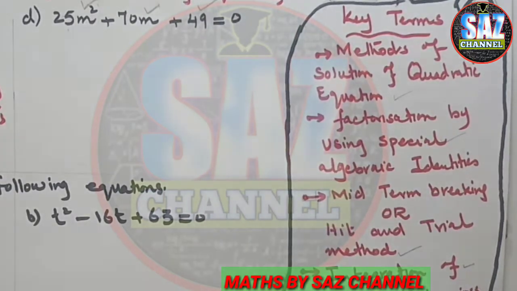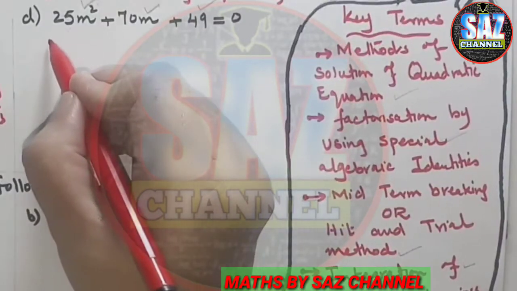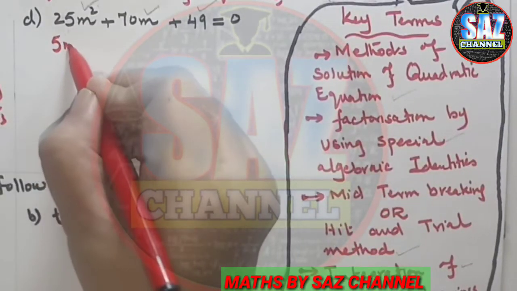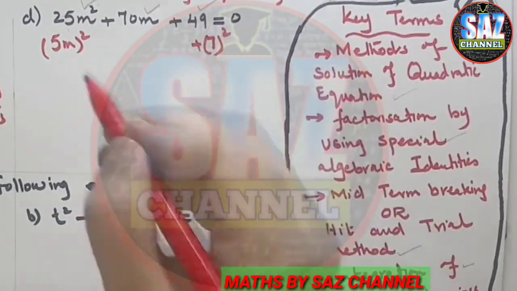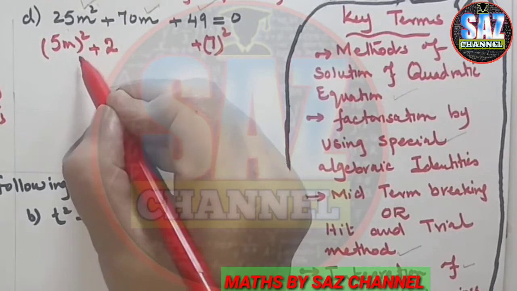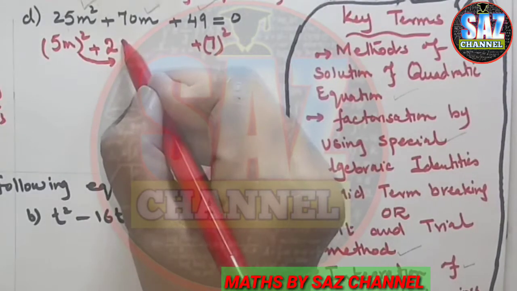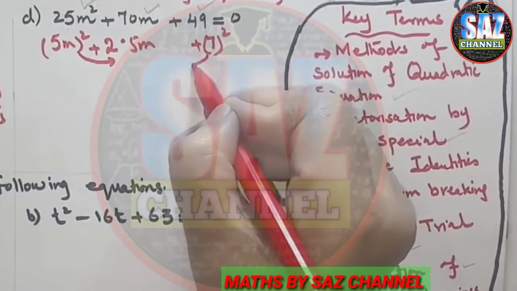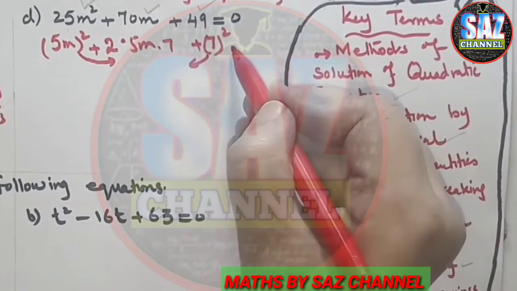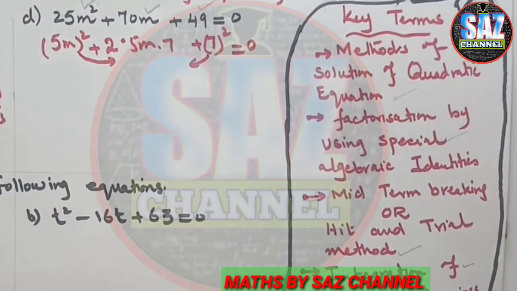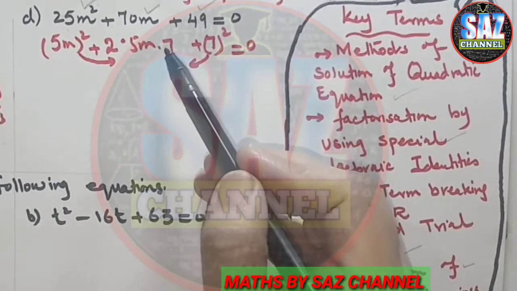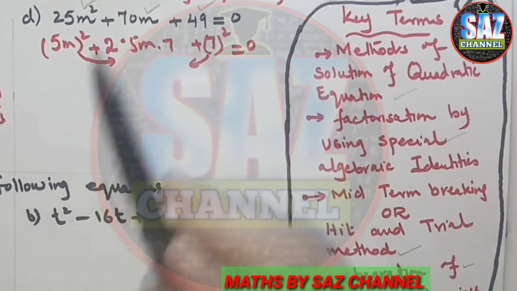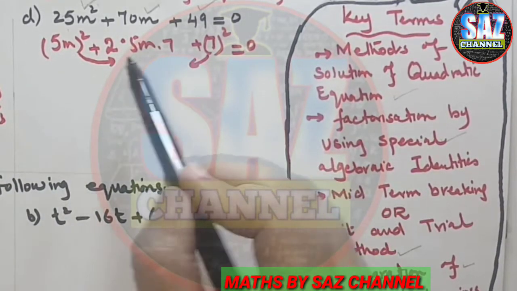So I will write it in the form of a whole square, that is 5m whole square plus 7 whole square plus 2ab, where a is from the first bracket, that is 5m, and b from the second bracket, that is 7, equals to 0. Now by writing the question in this form, we can see that this is a square plus 2ab plus b square, because 7 5s are 35, 2s are 70. I'm getting this 2ab term back.